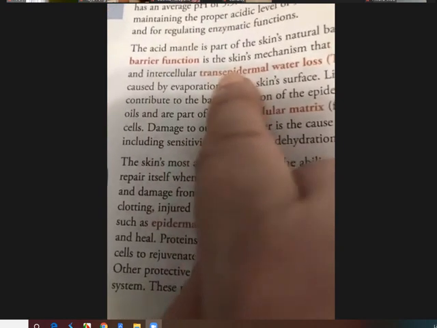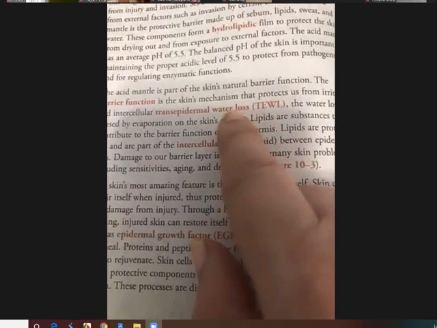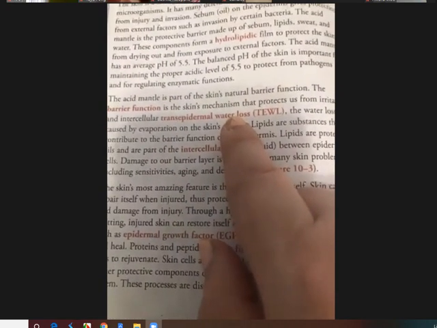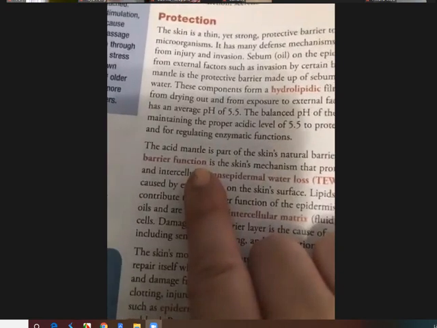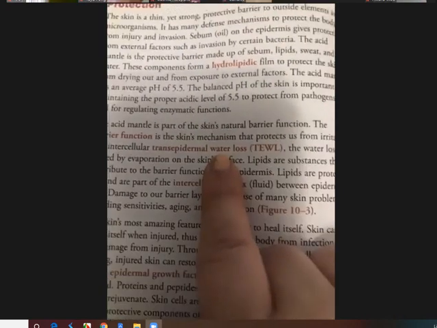Okay, now this one water loss means you lose water， 就是缺水了。So the barrier function of the skin is to protect us from irritation and intercellular transepidermal water loss.